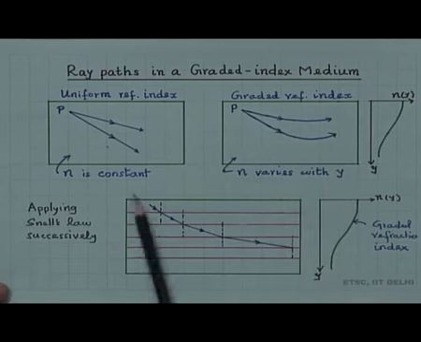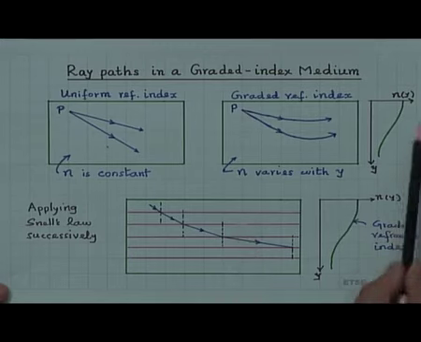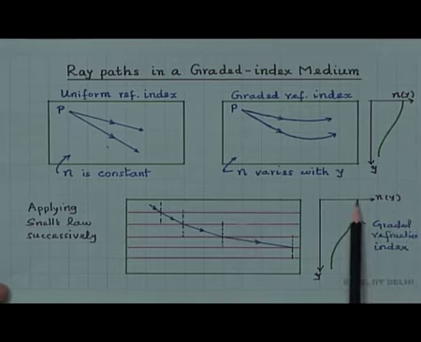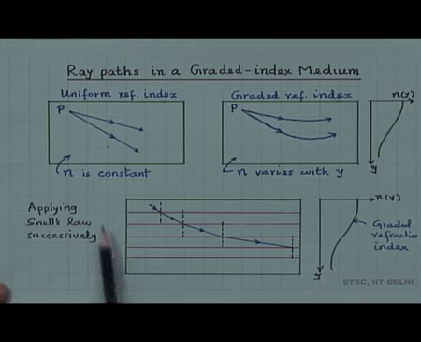In another diagram, what I have shown is that the refractive index is highest near the surface, and then it is continuously dropping as we go down.